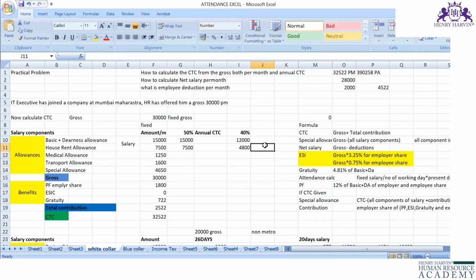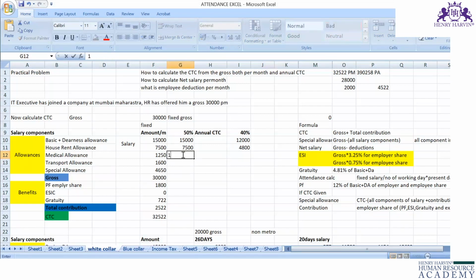So per month, the employer can give 1,250 as medical allowances in order to make the employee escape from paying tax. 15,000 divided by 12 is 1,250. Okay, so an employer can give up to 1,250 per month as medical allowances so that the employee does not pay tax on medical allowances.